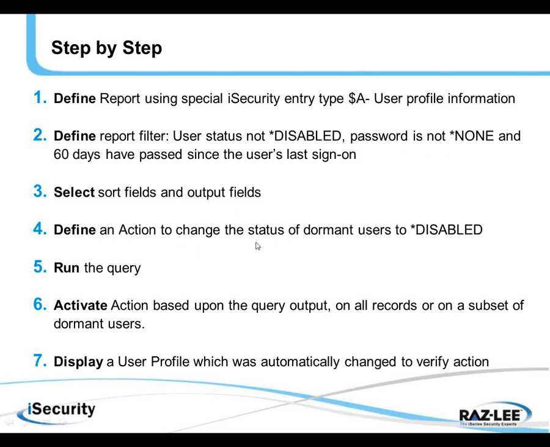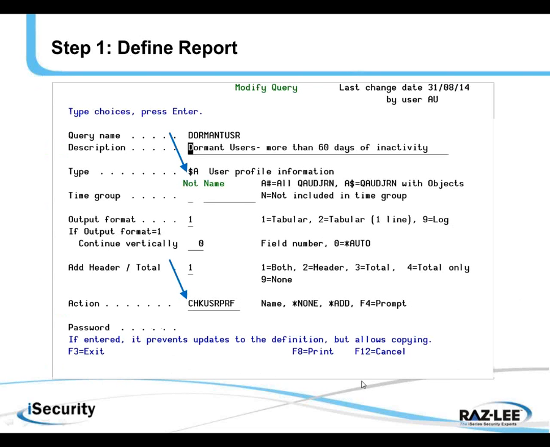We'll define an action to change the status of dormant users to disabled. We'll run the query. We'll then activate Action, which will be based upon the query output, on all records or on a subset of dormant records which we decide upon at runtime. And we'll then display a user profile which was automatically changed in order to verify that we really did what we set out to do.